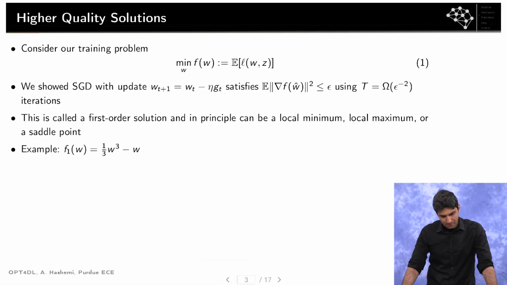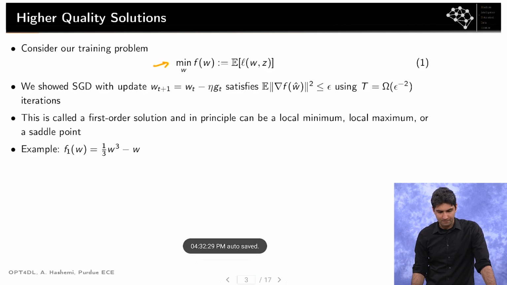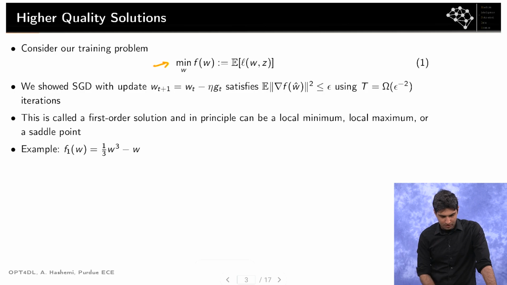So what was our setup? We typically were interested in minimizing the average loss over the entire training data. In particular, this is the empirical loss that we are interested in. And we established quite a few results, in particular for our favorite method, stochastic gradient descent, which follows this very simple update, goes from the current iterate to the next one by following the negative direction of a stochastic gradient.